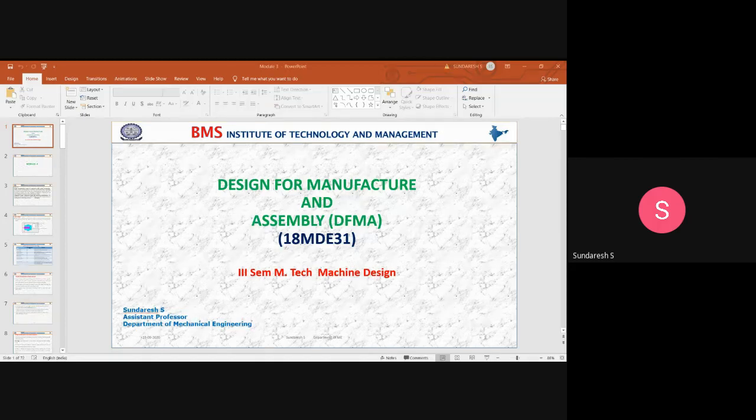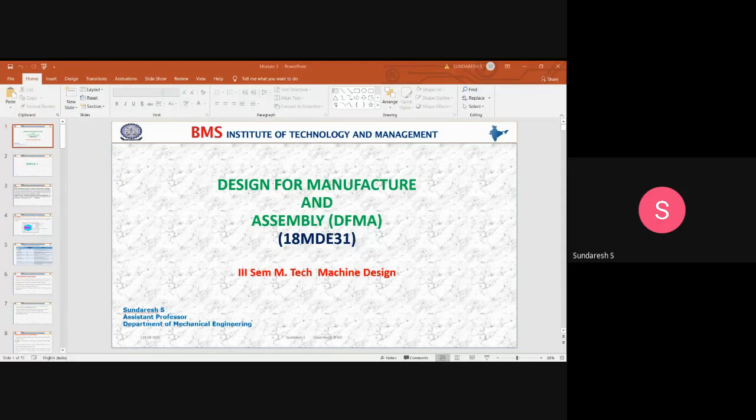For example, you can manufacture the components by using casting, by using machining or forming methods. And of course we also have fabrication methods, like welding or riveting or brazing. There are different ways in which you can produce the components, right?